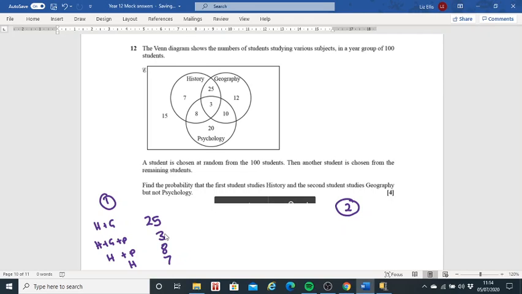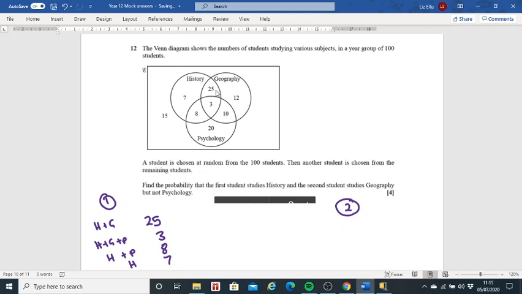So who studies geography but not psychology?